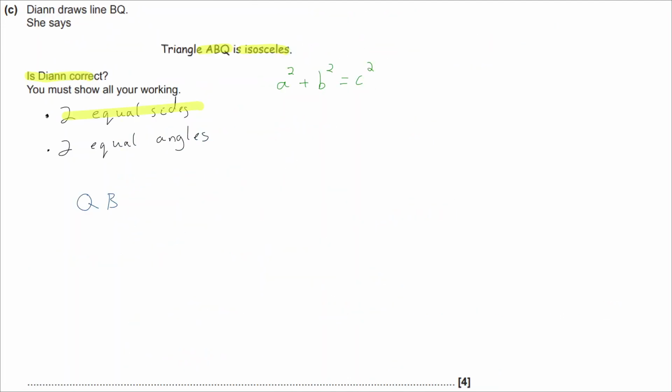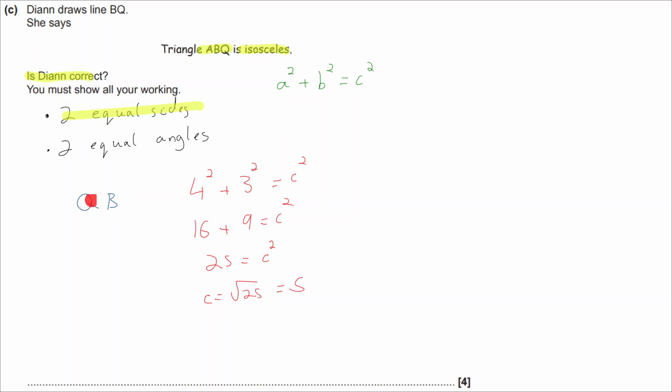Sorry, 4. So 4 squared plus 3 squared equals c squared, so 16 plus 9 gives you c squared, so 25 equals c squared, so c equals root 25, which equals 5.